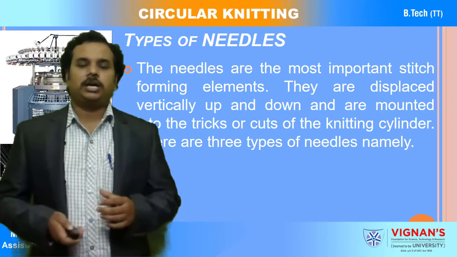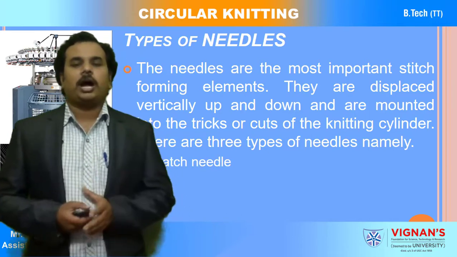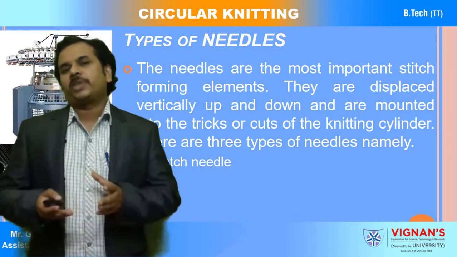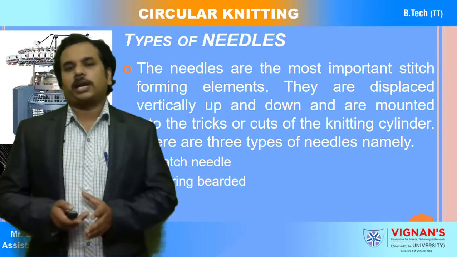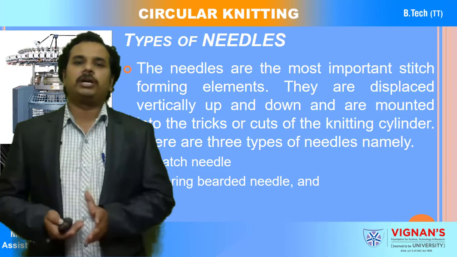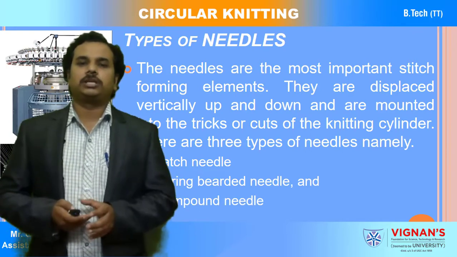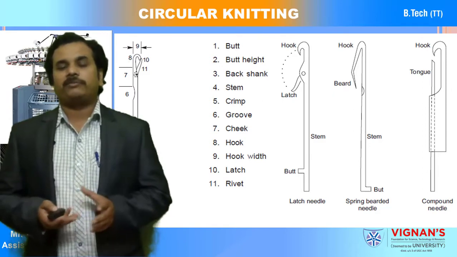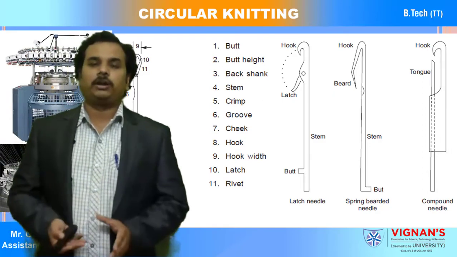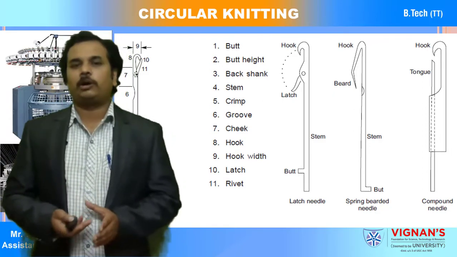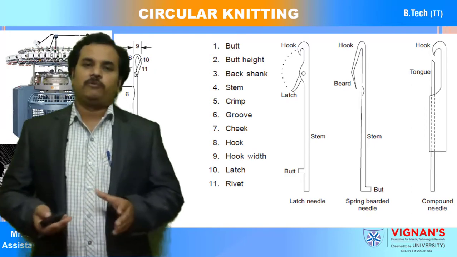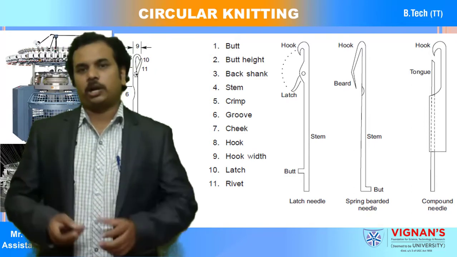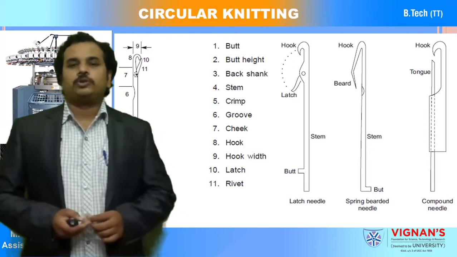So this is about the needle types. The first needle type is the latch needle, the second type is called the spring bearded needle, the third one is the compound needle, and the fourth one is the patented needle, as I already listed.